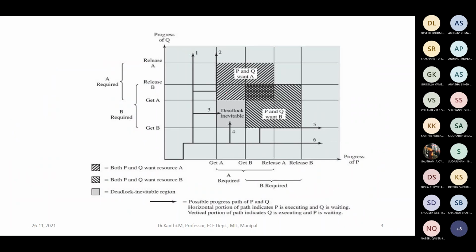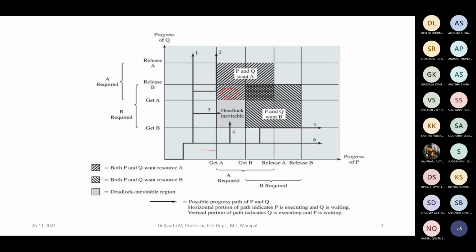These are the situations wherein, when I move in this direction, P is trying to acquire A, and meanwhile Q also wants A. P also wants A, Q also wants A, so nobody is able to get it.